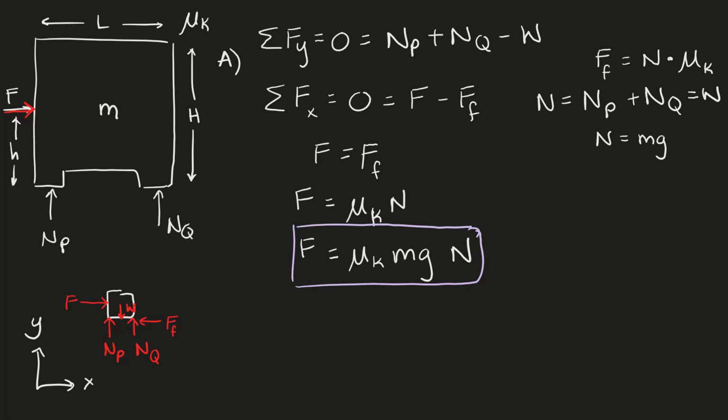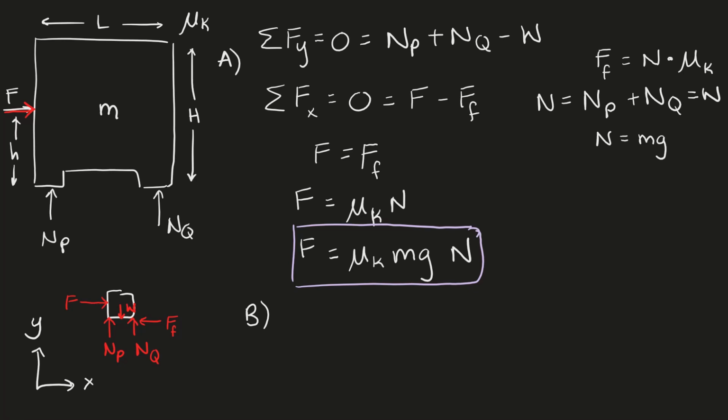Then we have part B. Part B says, find NP, the magnitude of the normal force, as shown in the figure. The legs are separated by a distance L, as I've shown. And it says express your answer in terms of m, g, L, h, and mu K. All right, well that sounds doable, I suppose. We've already done some of the work.